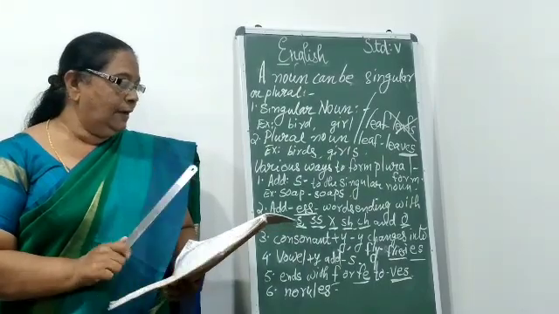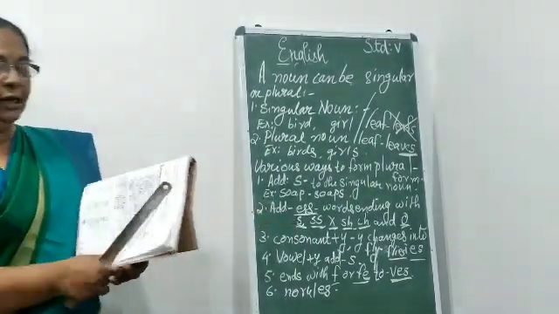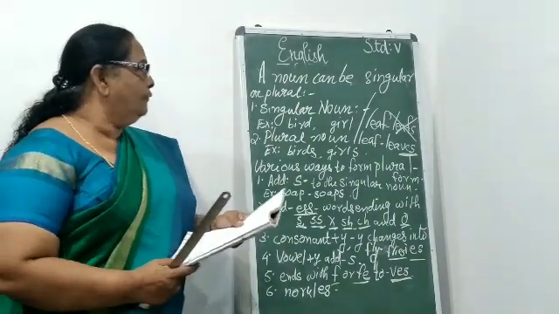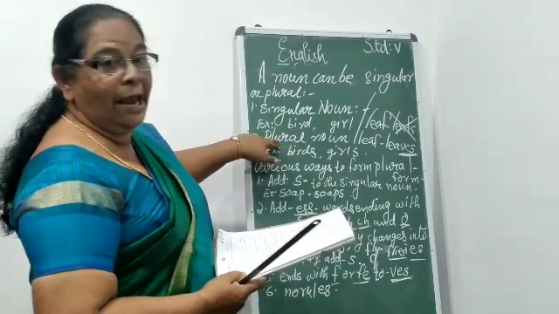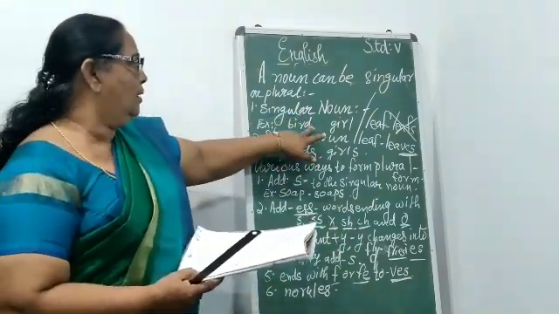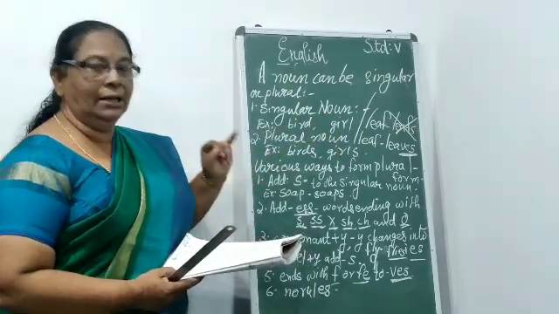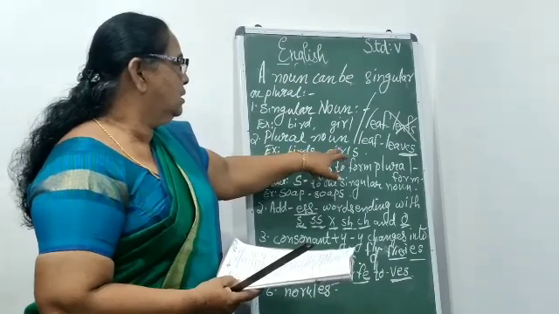Okay. So we will repeat once more all the rules. See, look into the textbook very clearly. The first one we learned: what is a singular form and what is a plural form. Singular means only one, like bird, girl, boy. Plural form is like birds, girls, boys.